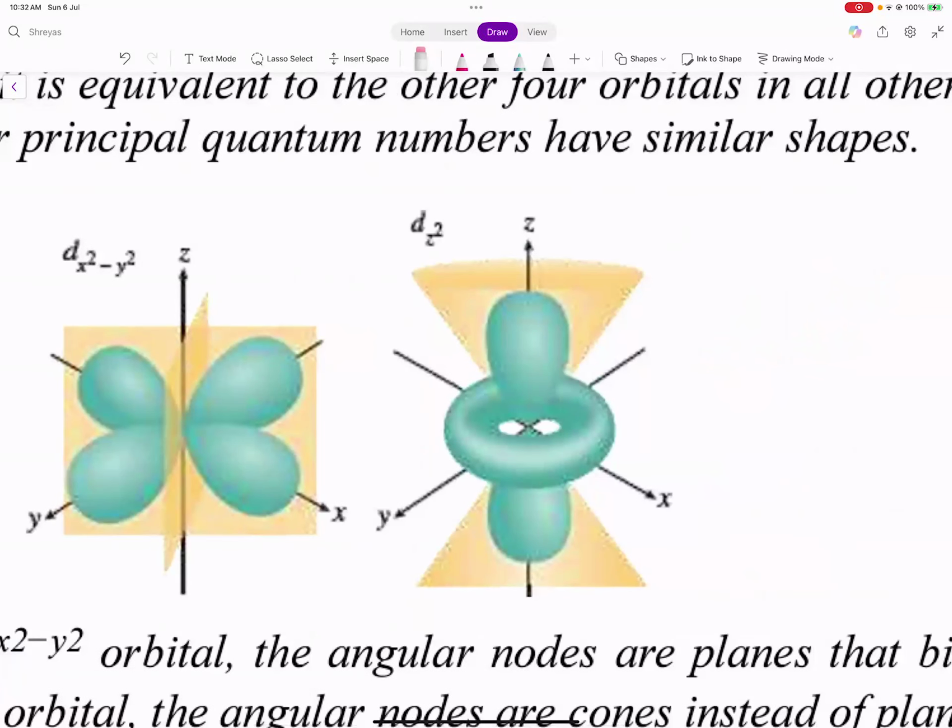It's like conical nodes. So these are the angular nodes. We'll come to these more, but for the meantime, this is how it is.